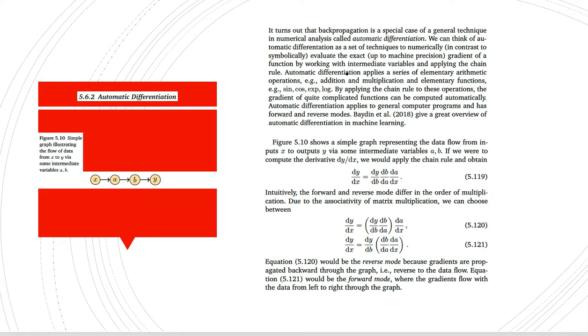Automatic differentiation applies a series of elementary arithmetic operations, such as addition and multiplication, and elementary functions. By applying the chain rule to these operations, the gradient of quite complicated functions can be computed automatically. Automatic differentiation applies to general computer programs and has forward and reverse mode.